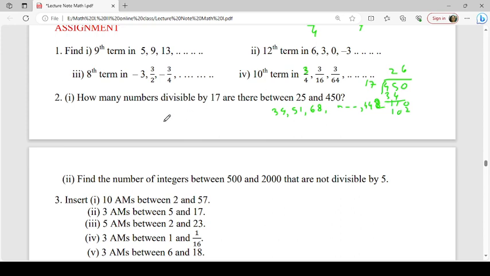So how many terms are divisible by 17? So 34 is the first term and 442 is the last term, and we find n now. So a is 34, so Tn is equal to 34 plus n minus 1 into 17. It is given as 442.